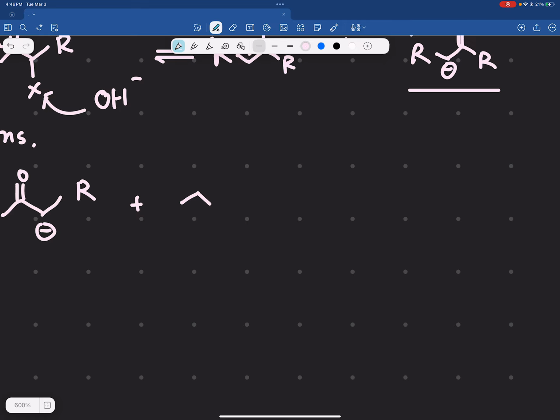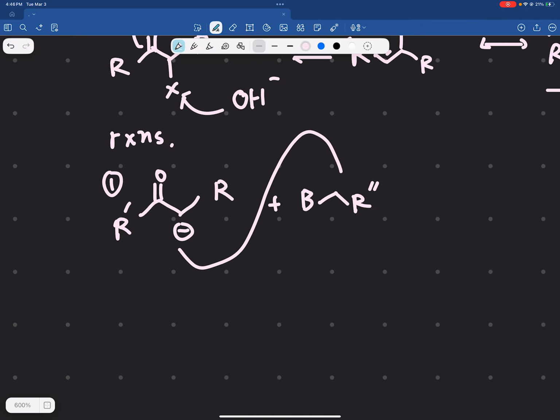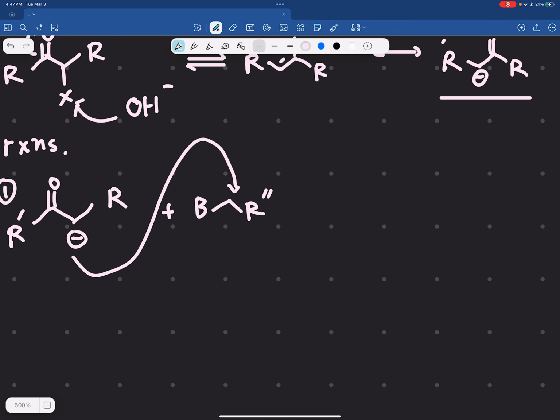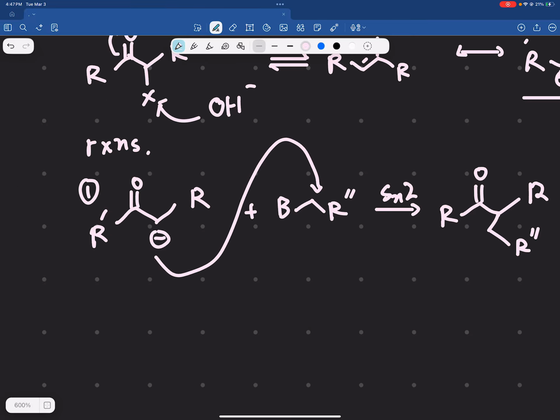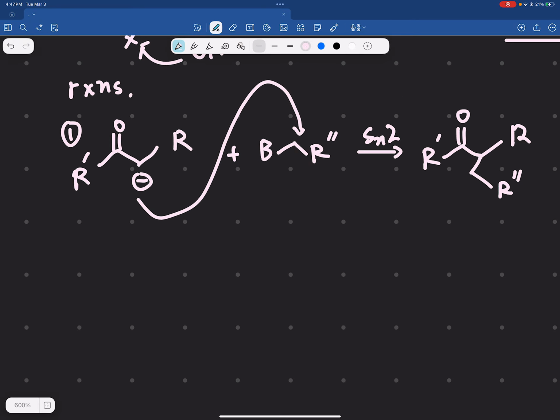So if we have something that looks like this, this will undergo an SN2 reaction into something that looks like this, which is something we've seen before. So that's pretty simple.